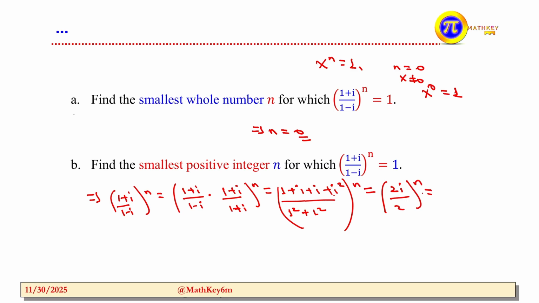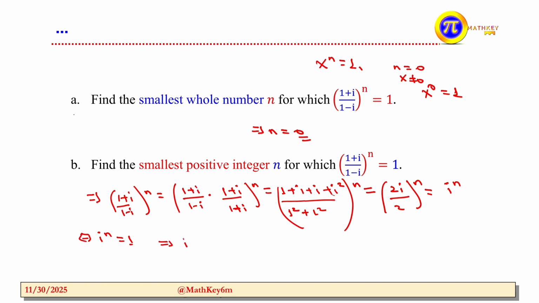For the next step, we cancel 2 by 2, what remains? This equals i to the power of n. This implies that i to the power of n equals 1.